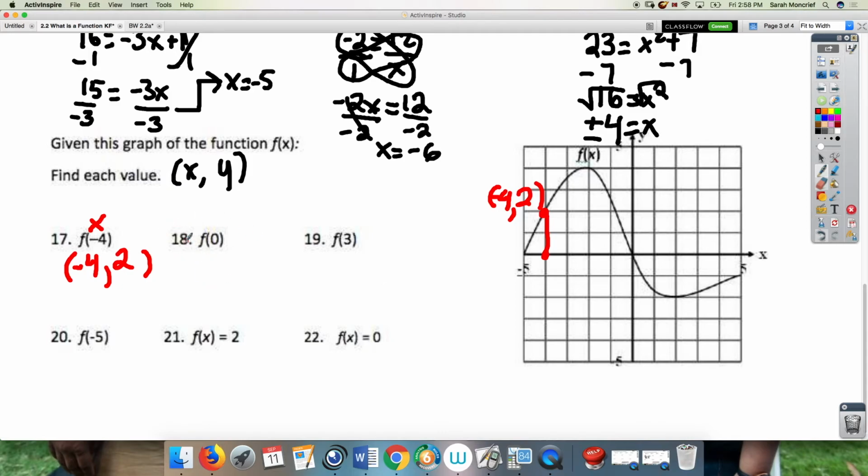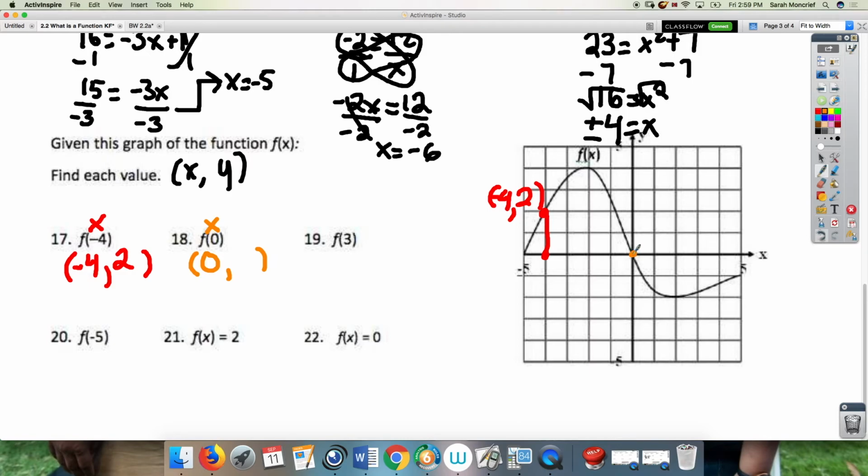Now let's look at 18. 18 says f of 0. Did they give me an input or an output? They gave me an input because it's inside of the parentheses. So if it's an input, is it an x or a y? X. So let's go ahead and make my ordered pair. Which one did they give me, x or y? X. So let's put a 0 there. Let's go find 0 on my x-axis.